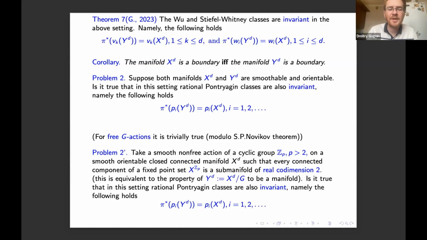This is equivalent in this setting to the orbit space being a manifold. So is it true that in this setting the rational Pontryagin classes are also invariant?